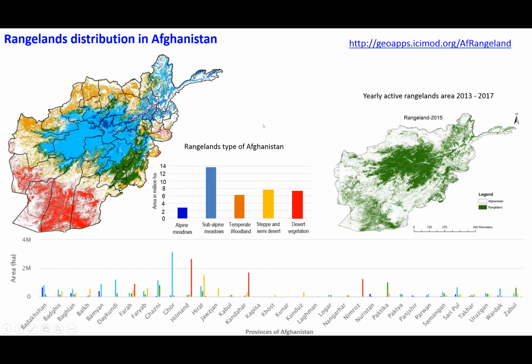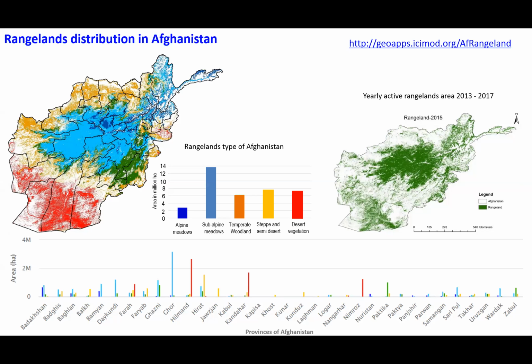There was a severe deficit in rainfall, which tested our preparedness on the use of drought indicators for societal benefit. In Afghanistan, about 70% of the population is engaged in livestock rearing or pastoral systems.